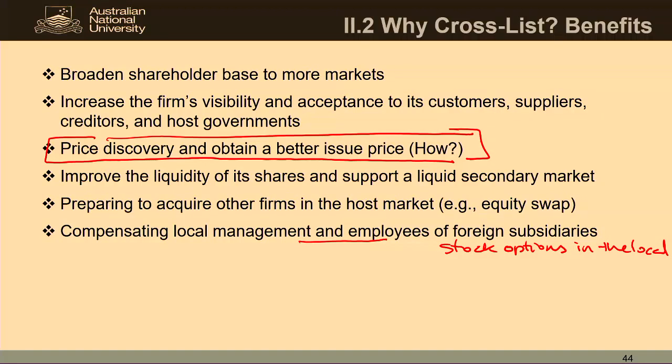Price discovery means that there's probably a fundamental share value for the equity, but right now it's not where it should be, right? So you have a fair market value that is based on the present value of future expected cash flows.